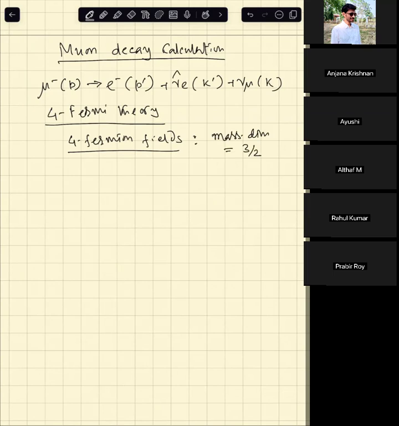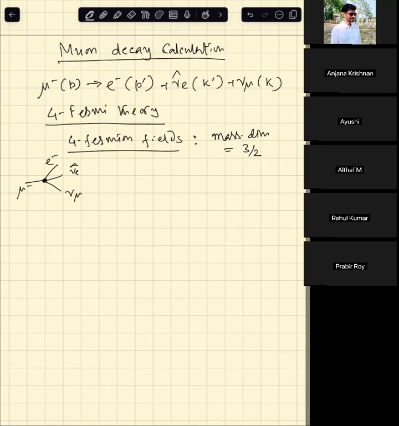So you can think of this process like there's a muon and there's an electron, anti-electron neutrino and muon neutrino. So this is like a point vertex, right? This is mu, e, mu tilde, and mu.